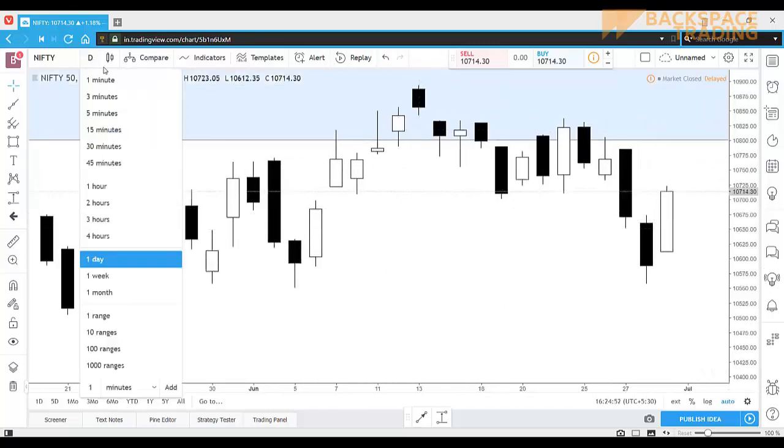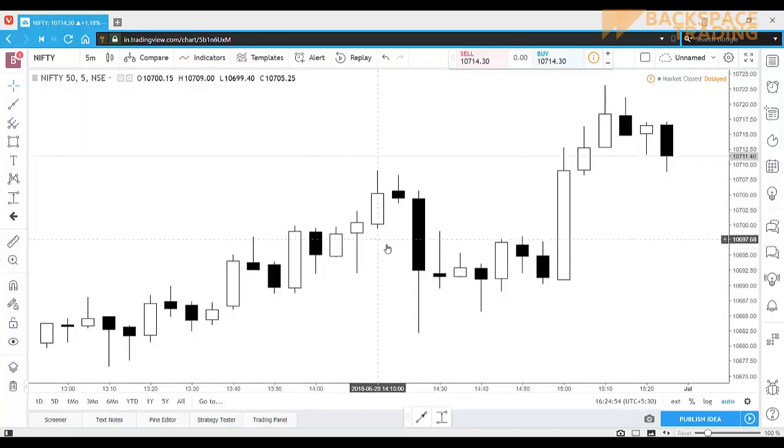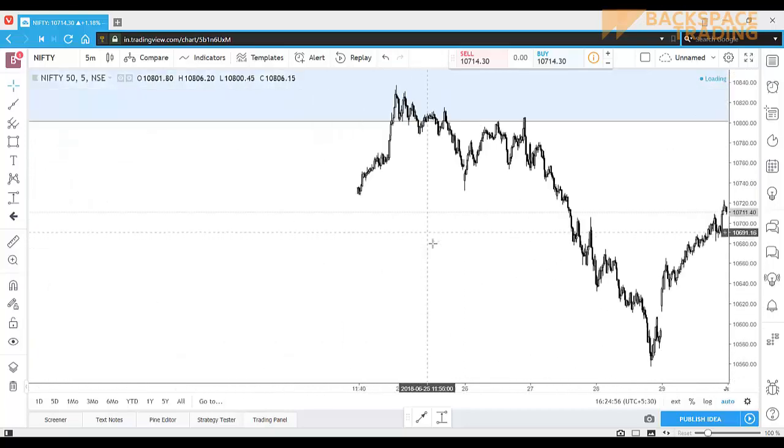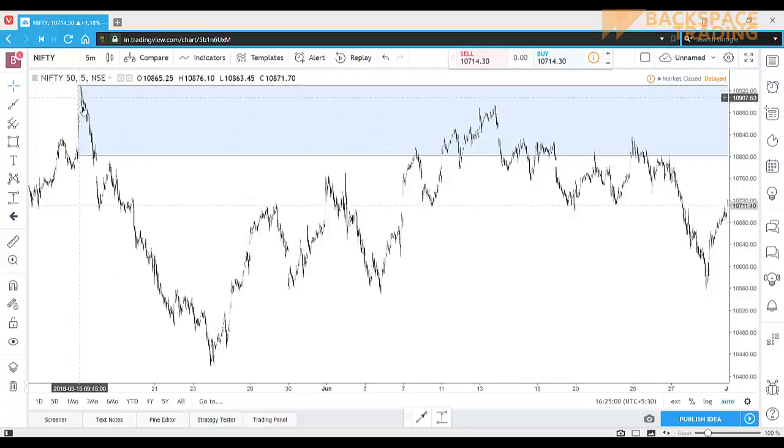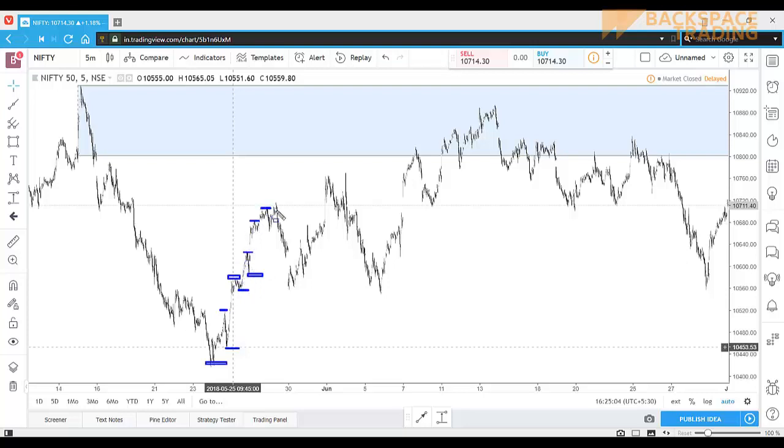Let me just switch to 5-minute chart. I'm zooming out. Shooting stars, big candle, right? And you see low, low, higher low, higher low, higher low, higher high, higher high, higher high, higher high.